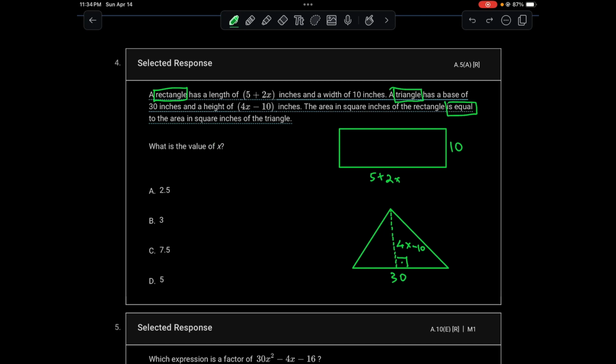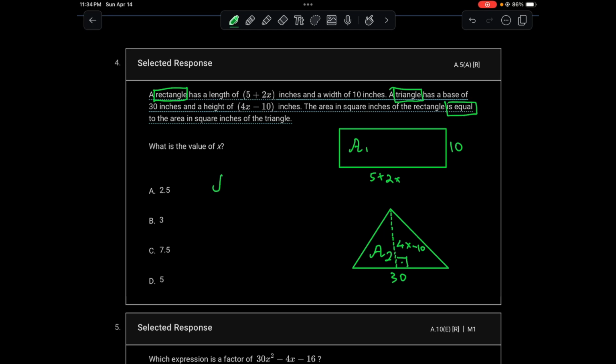Okay, so what is the value of x? We're looking for x. Where is x? X is here and here. Well, here we need to know a little bit of geometry, and in particular we need to know the formula for the area of the rectangle. Let's call it area 1, and this area 2.